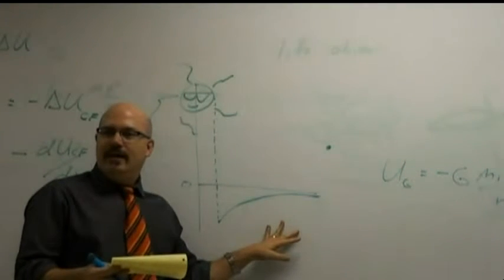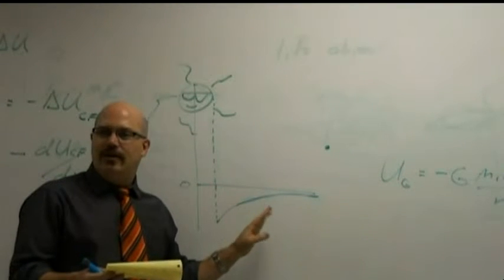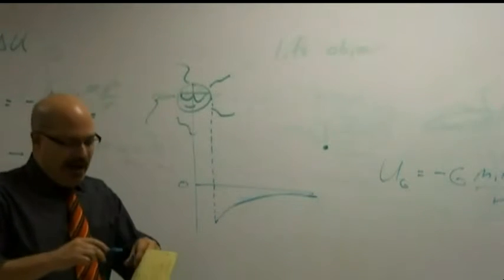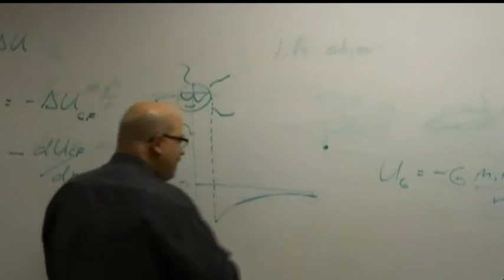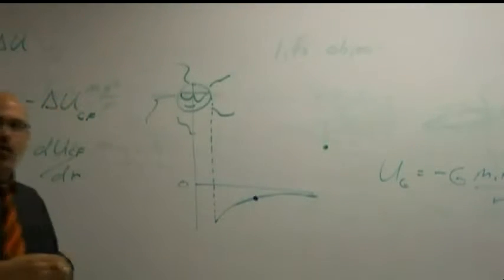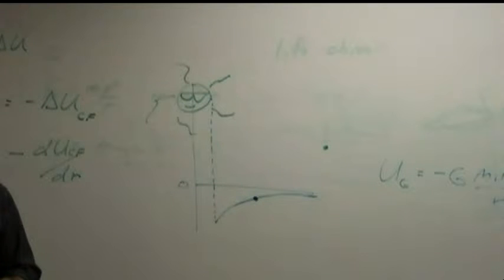All right, let's take a look at this potential energy function right here, with the sun. If you place an object on here, now we're going to work backwards. If you place an object right here, what will it want to do?